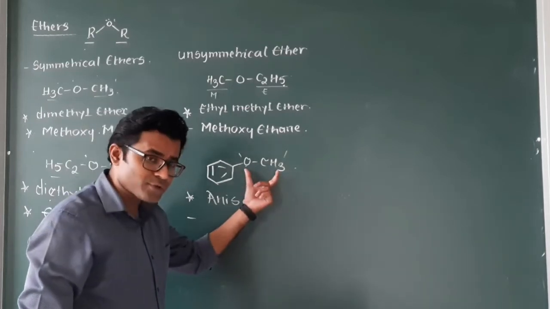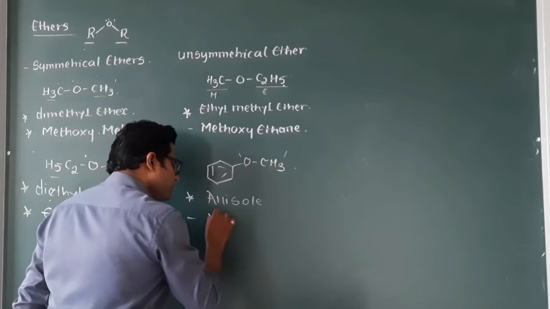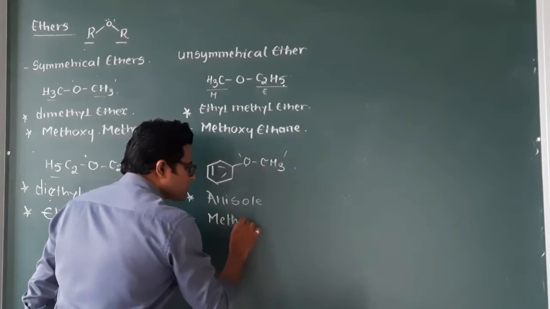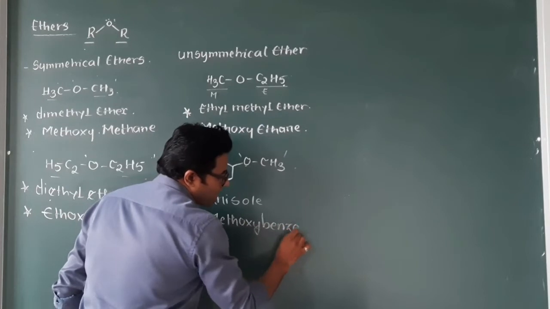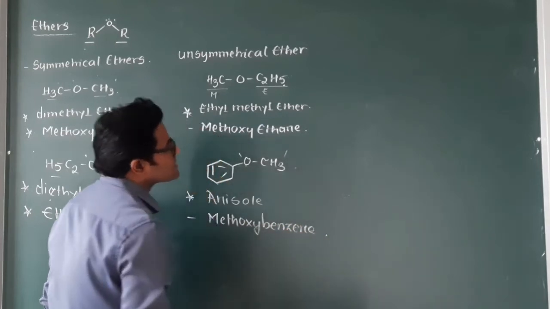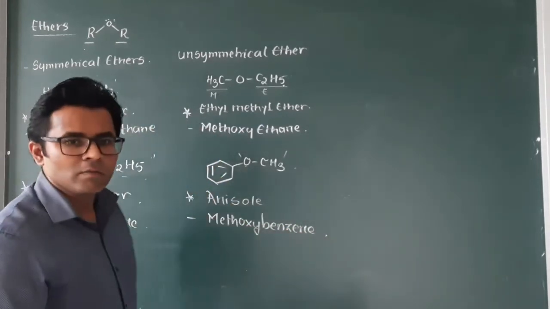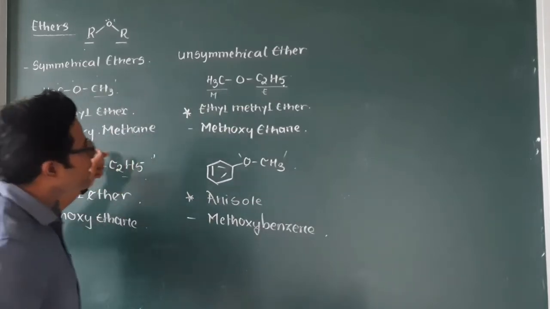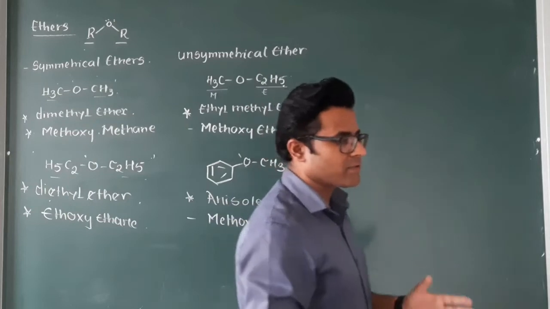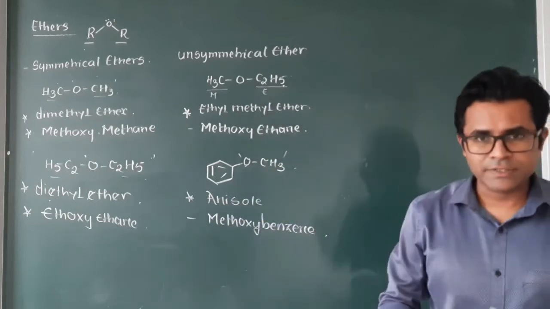The smaller system is CH3, so methoxybenzene. This is how the entire thing goes. So we have two categories: one is symmetrical, the other is of course unsymmetrical ethers.